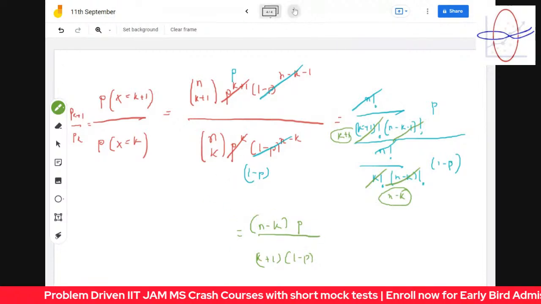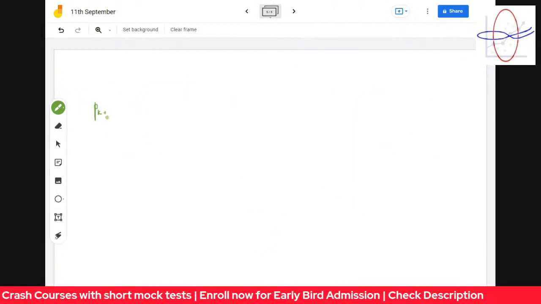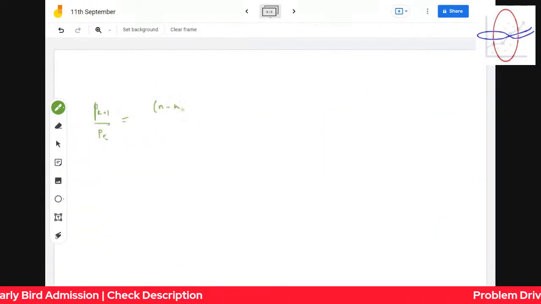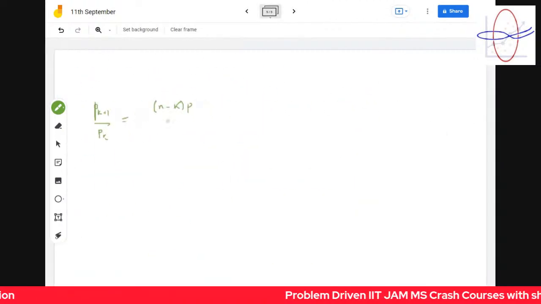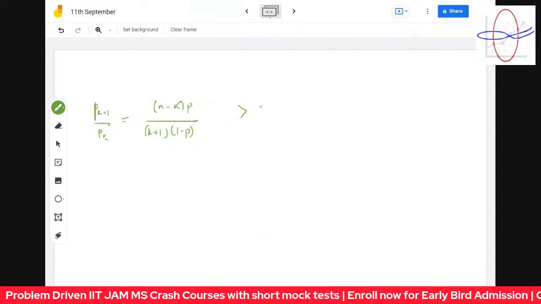We have P(k plus 1) by P(k) equal to (n minus k) into p, by (k plus 1) into (1 minus p). Let's say this is greater than 1.